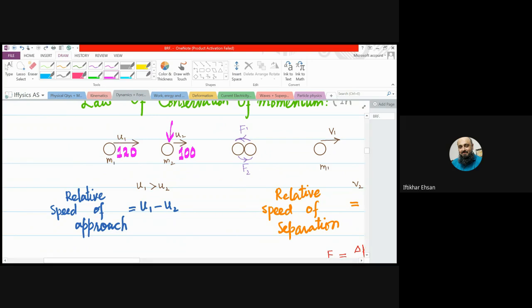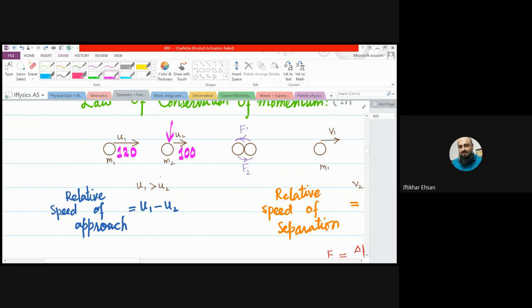Suraj and Hassan, what speed will you feel of this object at 120 when it is crossing you or coming closer to you? 20. Very well answered.